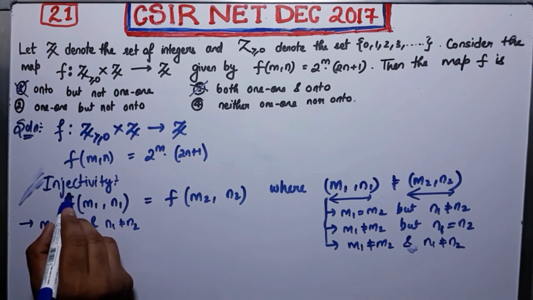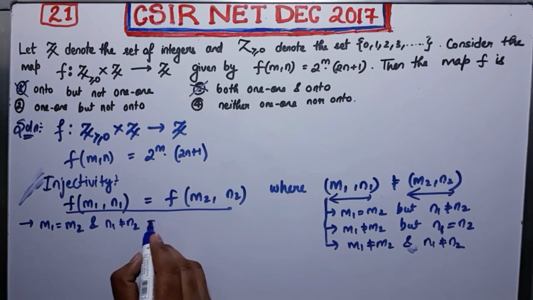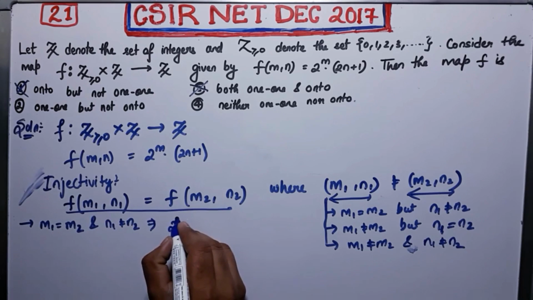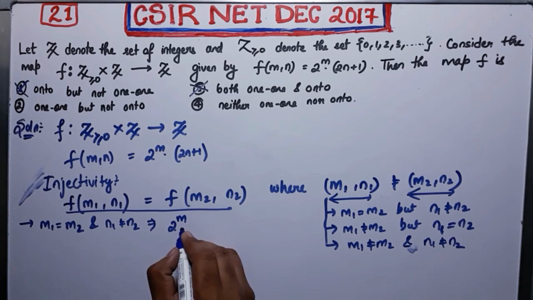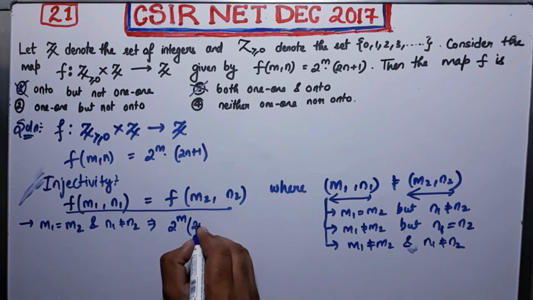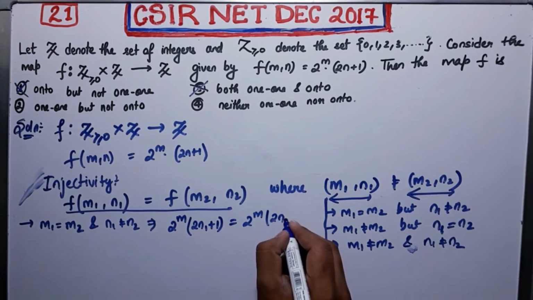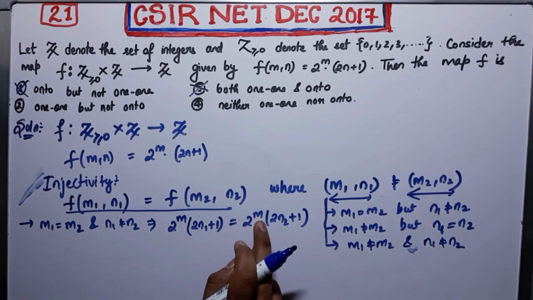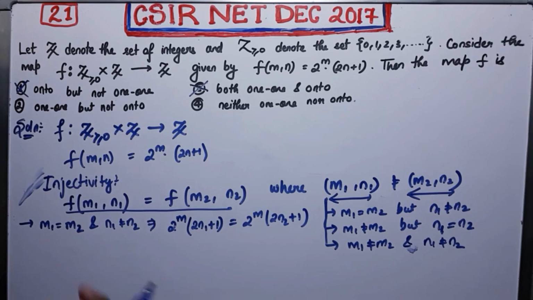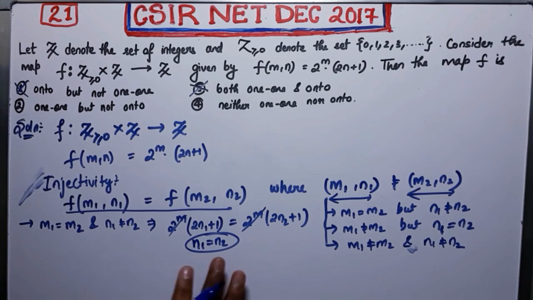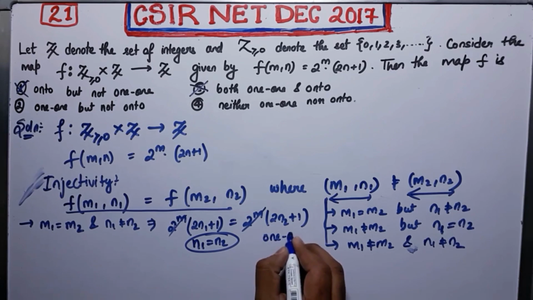So now by using this, what can you write? You can write 2 to the power m. I will write m here instead of m1, because both are equal. I can do that. You are getting my point or not? I am not writing m1 m2 here because I am taking the case where both are equal, therefore I am writing just m. So this will be cancelled by this thing. So from here what you will get, n1 is equal to n2. So we are done. You are getting my point? We are done in this case. So 1-1 in this case.